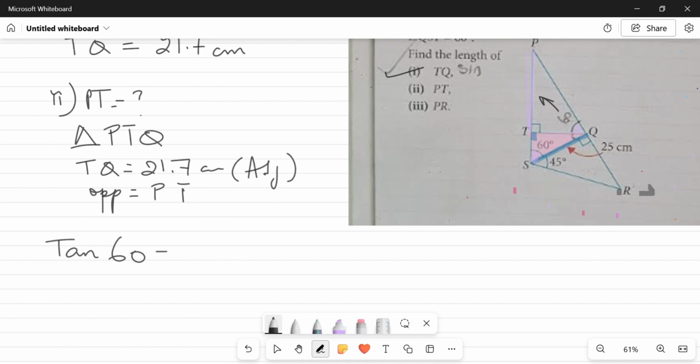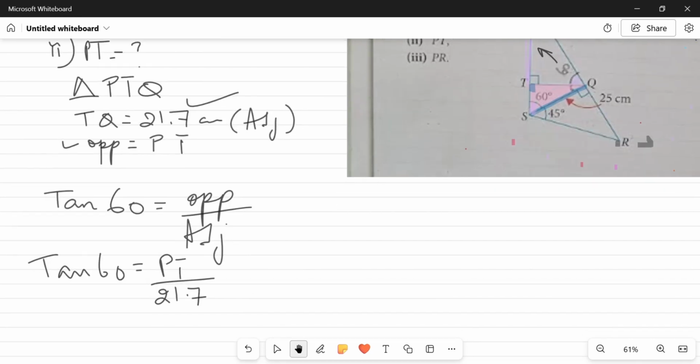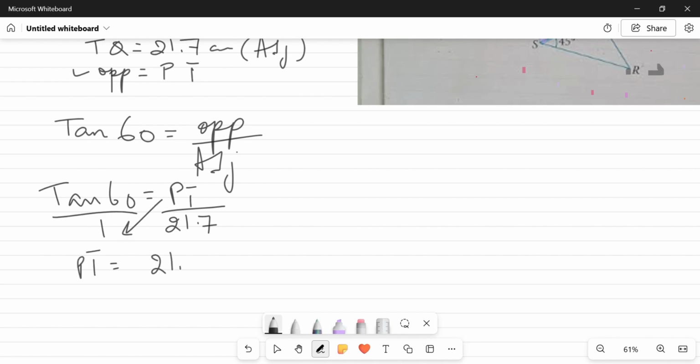So tangent 60 equals O opposite over adjacent. Opposite is PT, and adjacent is 21.7. Now, very simple, we substitute the values and find out PT easily. Here we need to do a cross multiply. So PT equals tangent 60 times 21.7.